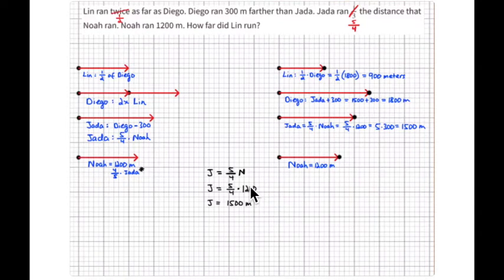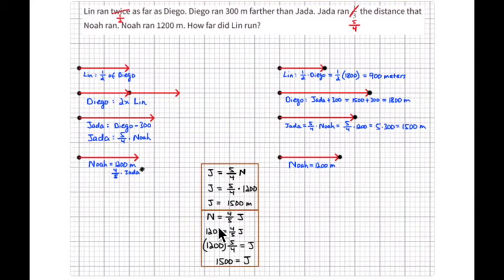All right, so Jada is 5/4 the length of Noah. So Jada, J equals 5/4 N. So Jada is equal to 5/4 times this 1,200, and Jada is equal to 1,500 meters. So it's 1,200 divided by 4 times 5. So this is 300 times 5.